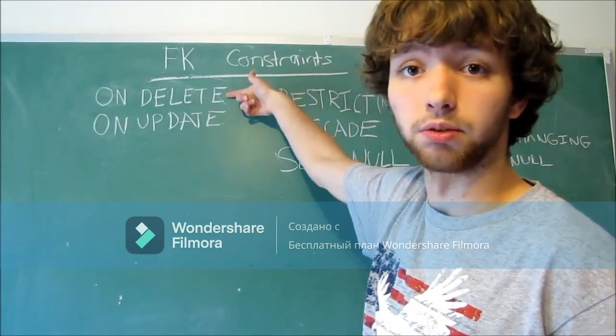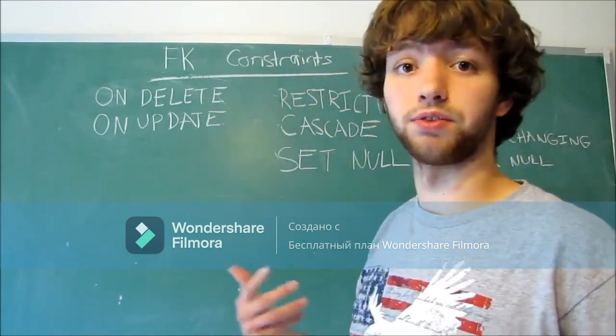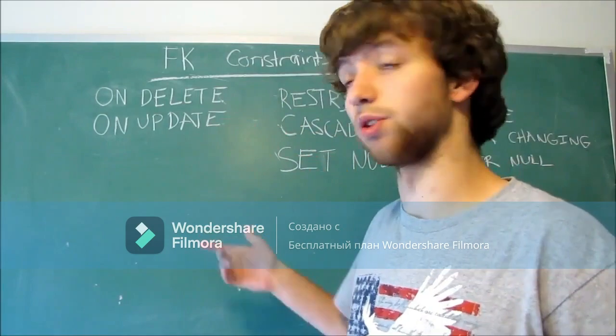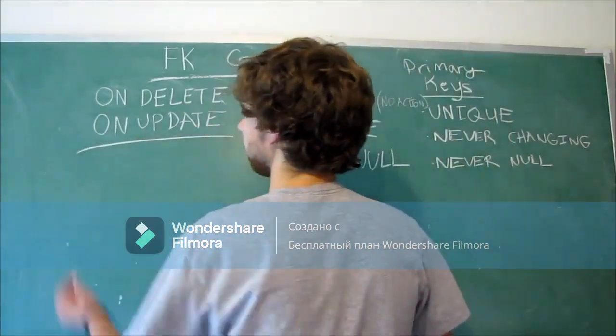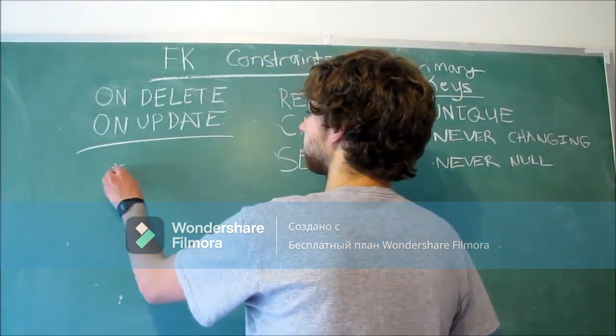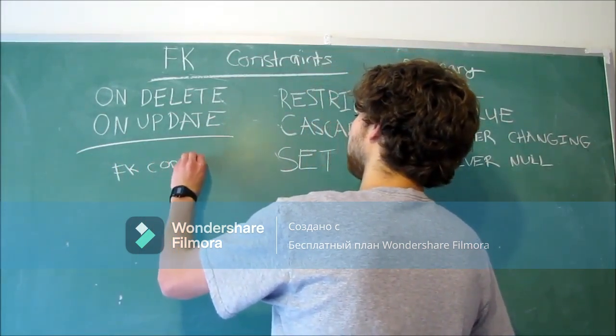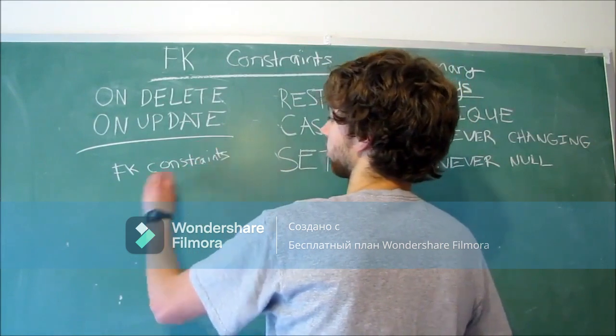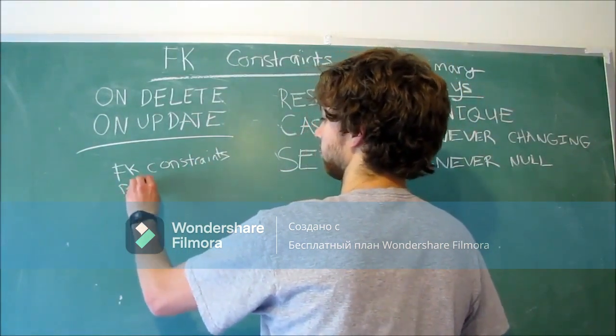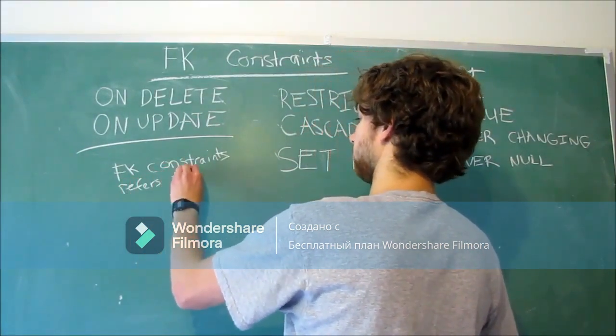When we delete the parent, we want the children to do something. That is what these keywords mean. These keywords talk about the foreign key constraint, and it refers to the parent.